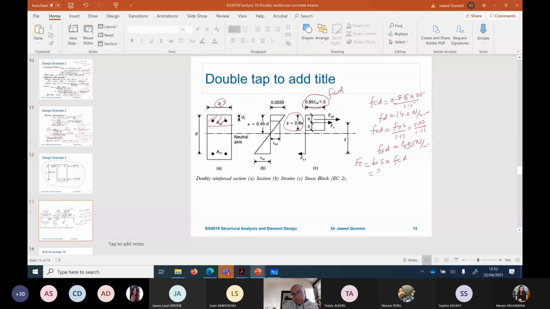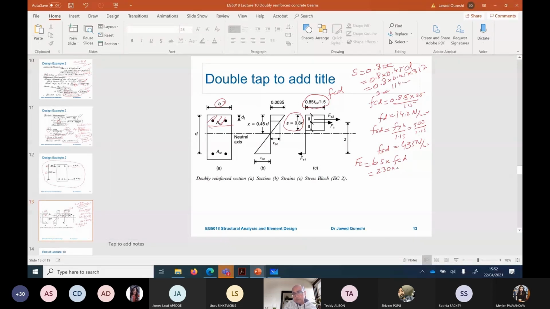Your B is 230. S is equal to 0.8 X, so 0.8 times 0.45D, 0.8 times 0.45 times this is 317. So this will give you the value of S: 0.8 times 0.45 times 317, 114.